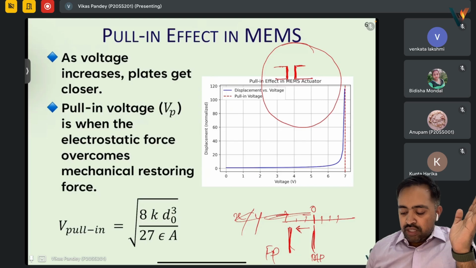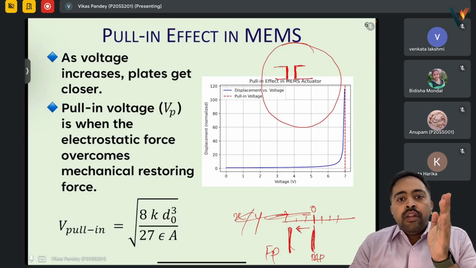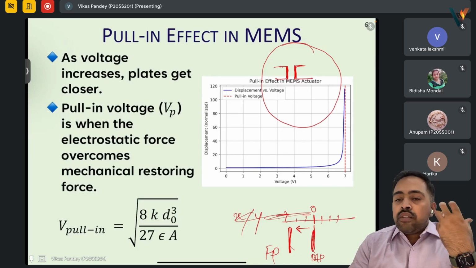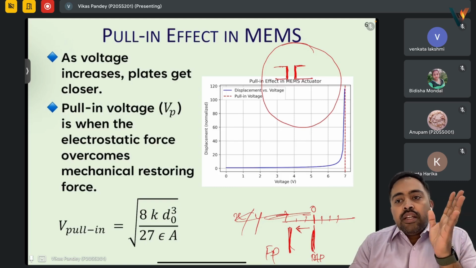The 0 position is the original position. So it will try to remain there, by virtue of being a physical object.